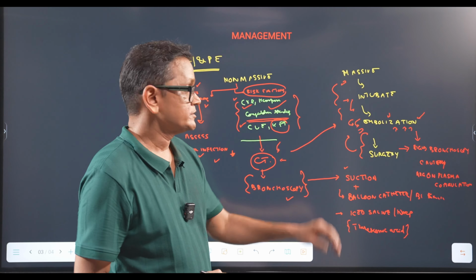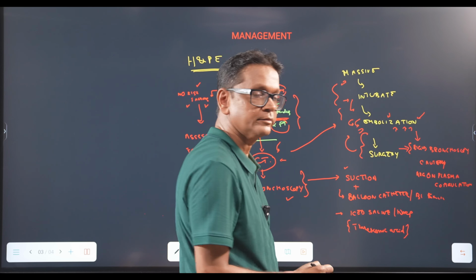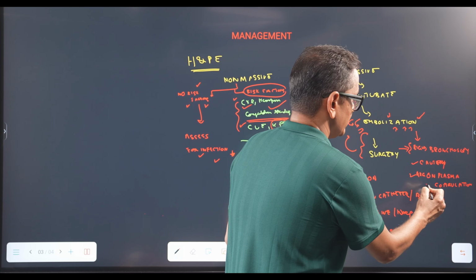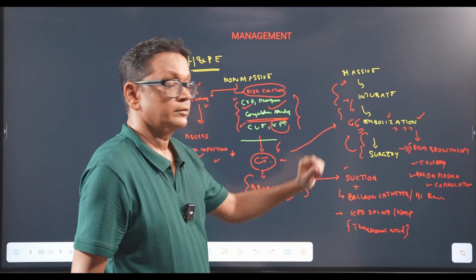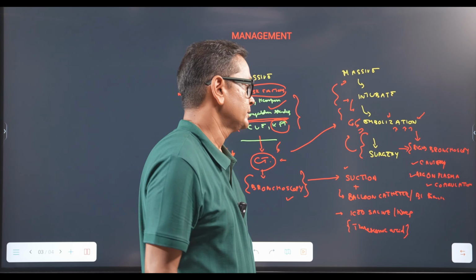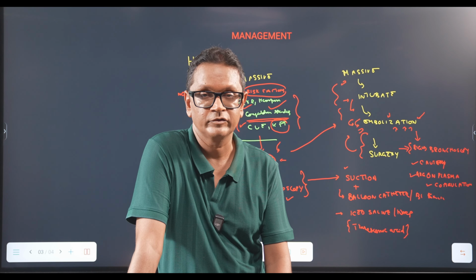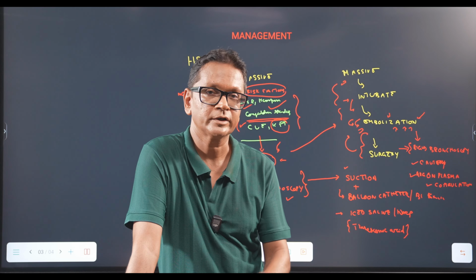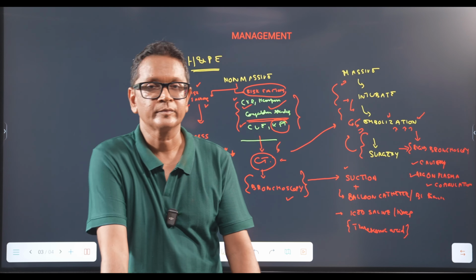In such acute settings, one has to resort to rigid bronchoscopy with cautery or argon plasma coagulation. This is the sequence. If an expert interventional pulmonologist is not available, then one has to call the CT surgeon. But remember, mortality in such settings with surgical procedures is very high, around 50%. And the role of the CT surgeon is essentially to protect whatever remaining normal lung there is, not to save the diseased lung. Okay. Thank you very much.